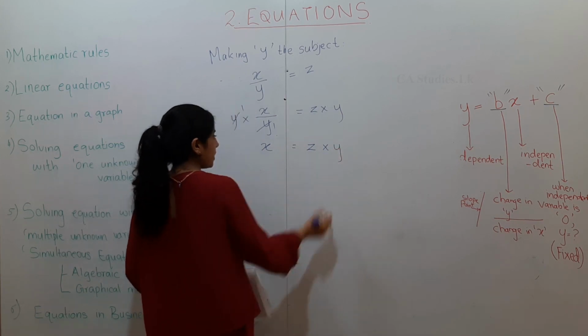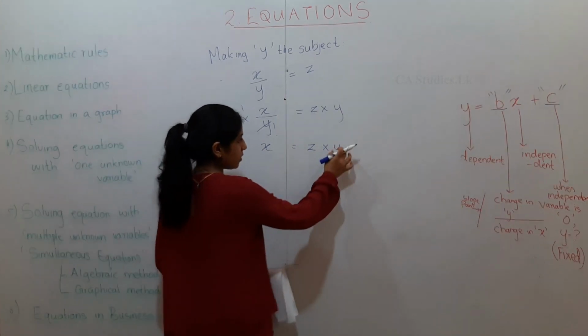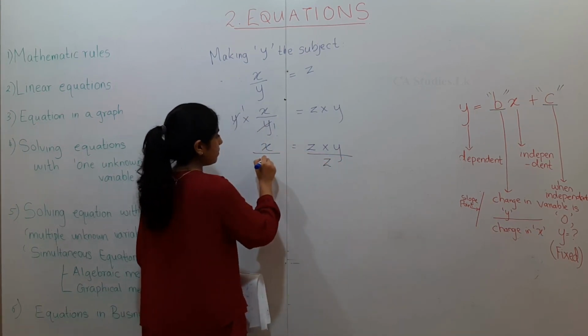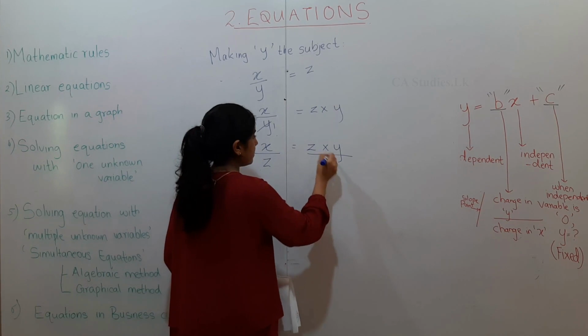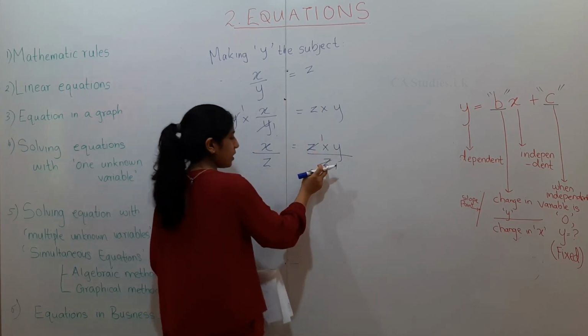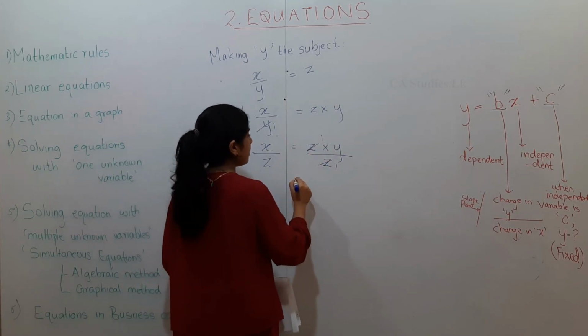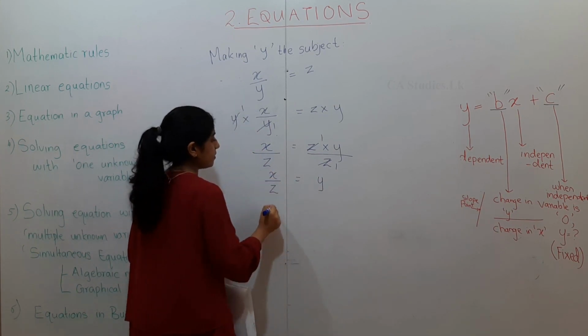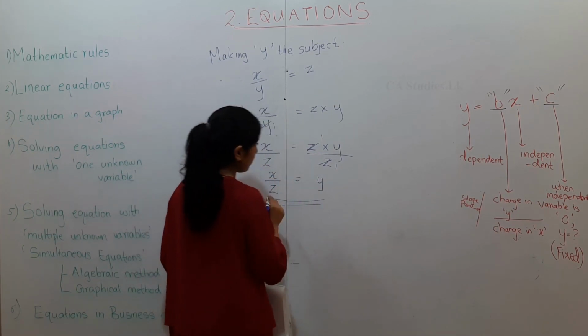Then now we want y as the subject on the top. So divide by z, divide by z. So cancel z off because there is only one z in this. So you get y equals x divided by z. This is type 3.